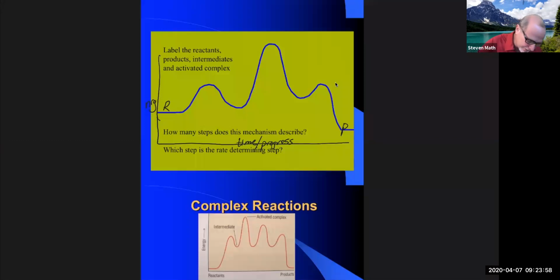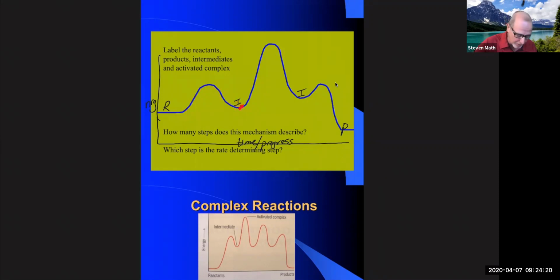Intermediates live in the valleys. Simply put, they're intermediates. What happened was we have a reaction that occurred here in this first hump. And there was a reaction here, and this reaction formed this intermediate.